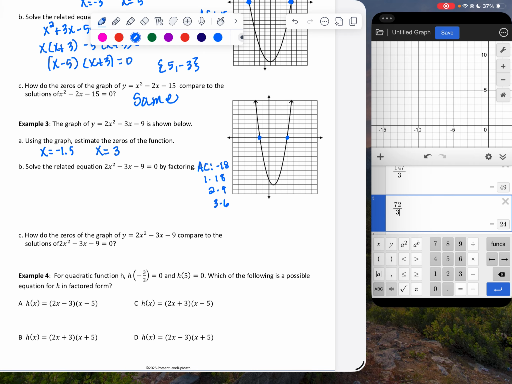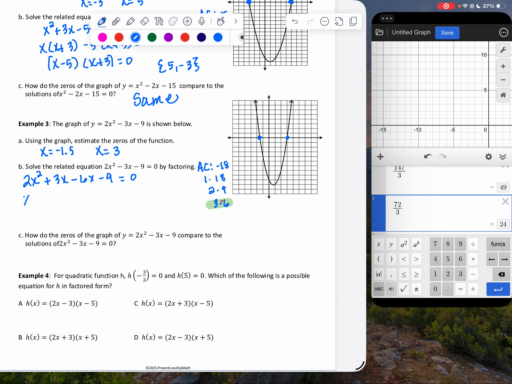So I want to use this 3 and 6, but I need to make this 6 negative because 3x plus negative 6x would be negative 3x. So I'm going to rewrite my trinomial as 2x squared plus 3x minus 6x minus 9 equals 0.